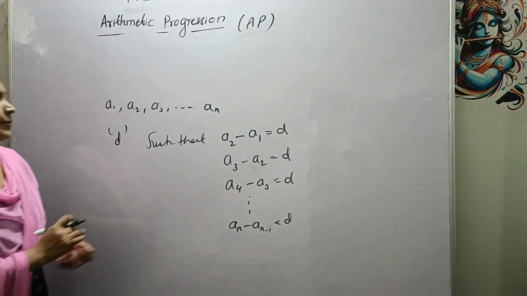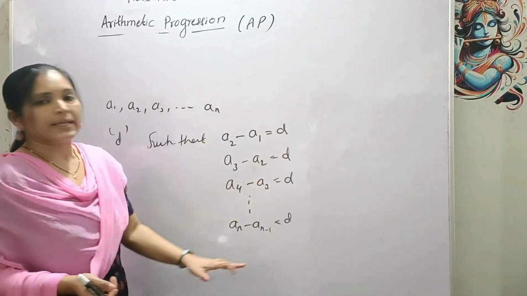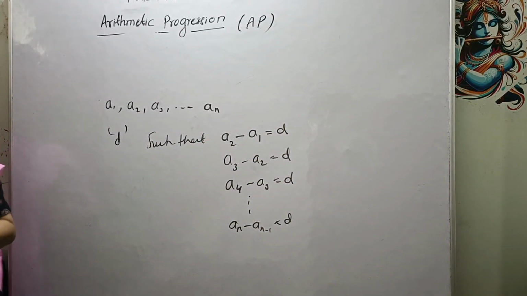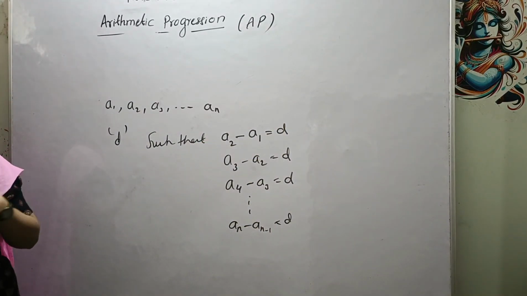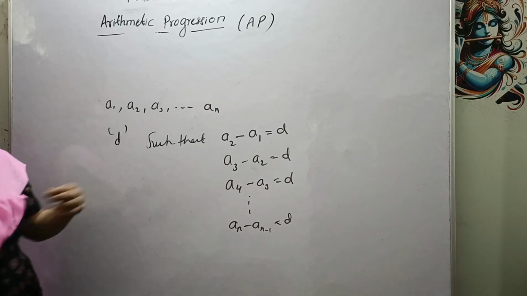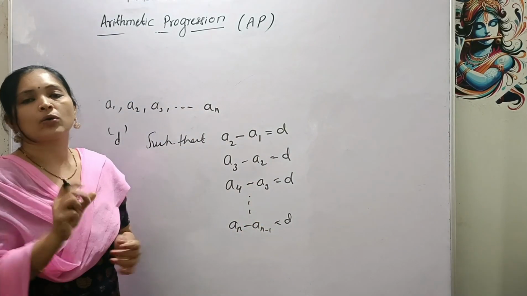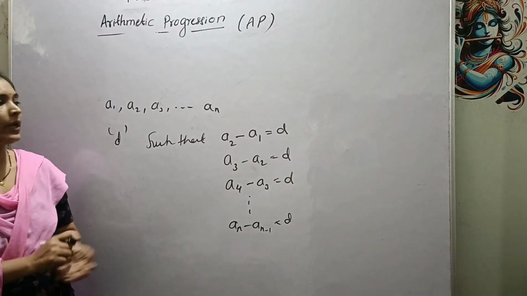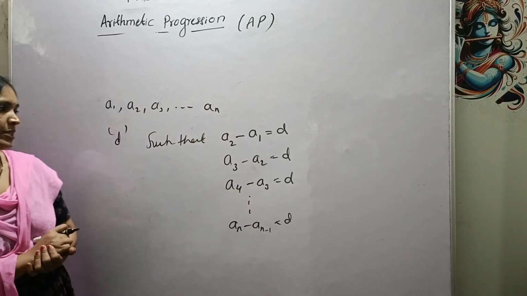Okay. So what is the d? d is the difference, the differences of every succeeding and preceding term. This d is called the common difference.